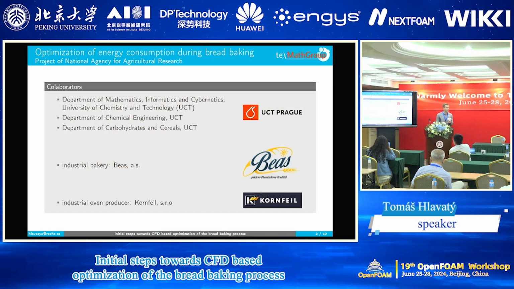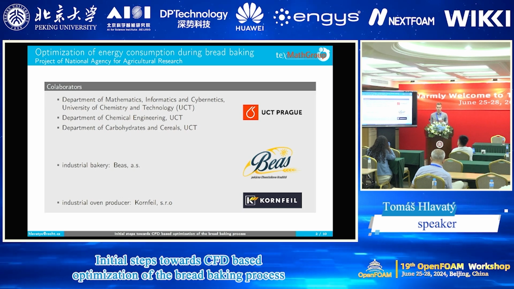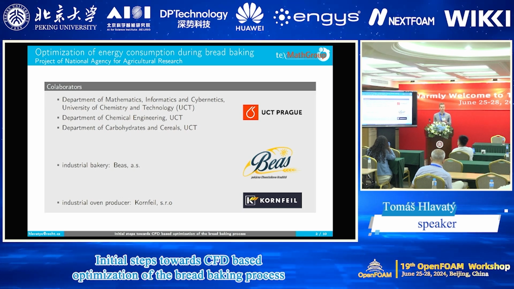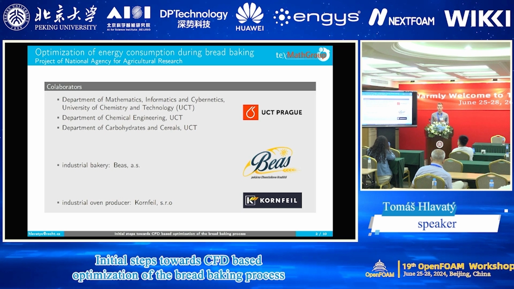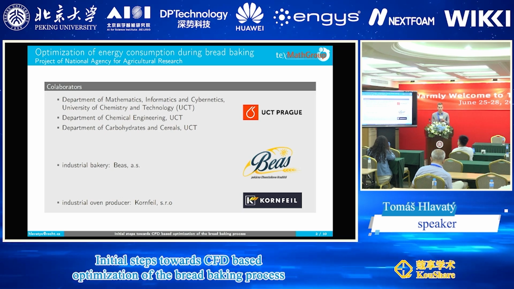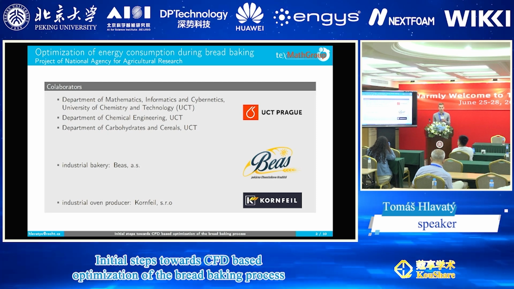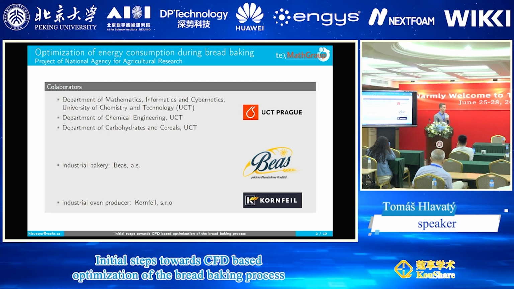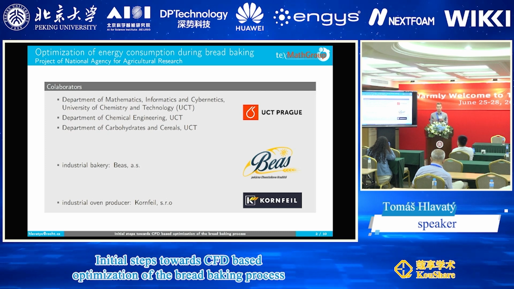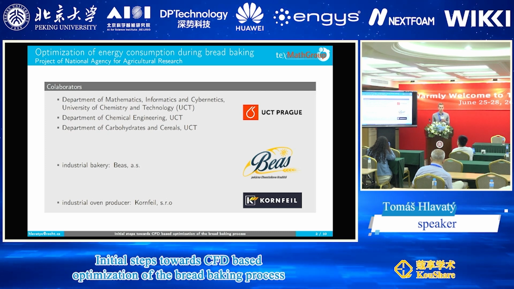In particular, we are starting a new project of the Czech National Agency for Agriculture Research that will be focused on optimization of energy consumption during the baking. And when I say we, I mean a relatively wide spectrum of collaborators.